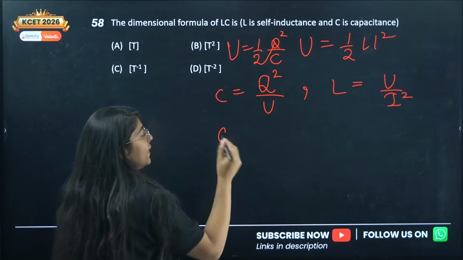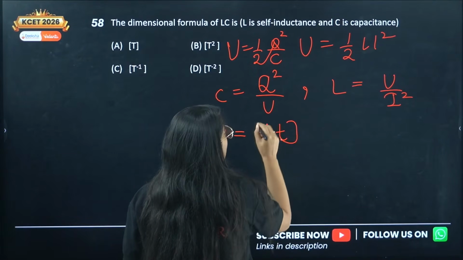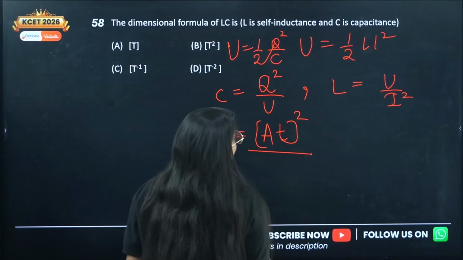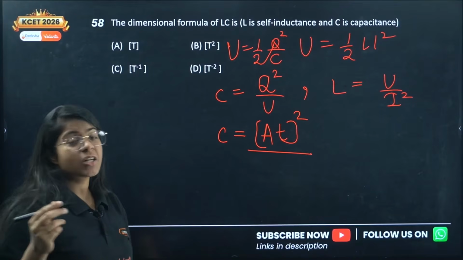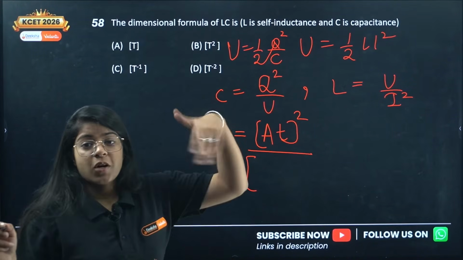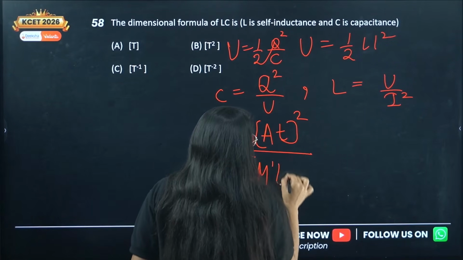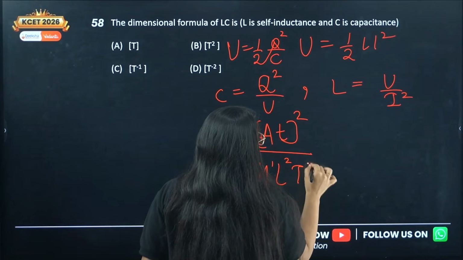Q equals IT, that means ampere into time. So square of this divided by the dimensions of energy, which we know from the second chapter of our PU1, that is M1 L2 T minus 2.